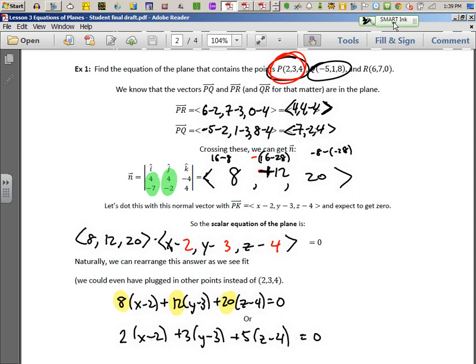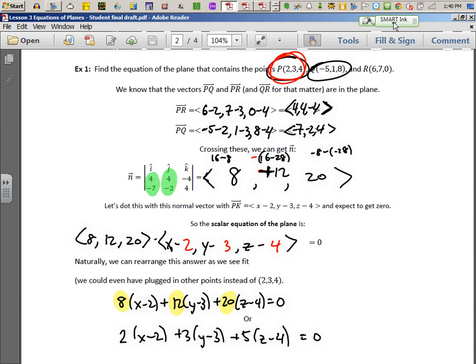Okay? All right, how many of you are tempted to distribute now? Yeah, do it. Go for it. Distribute it, please. Distribute the 2, distribute the 3, distribute the 5. In fact, let's get the constant on the right side, because that's honestly the most common way you'll see an equation of a plane.